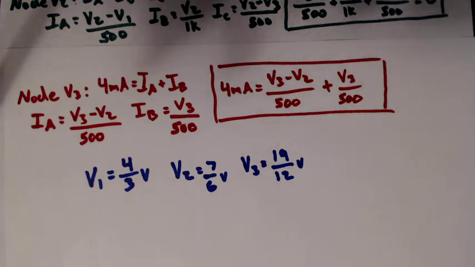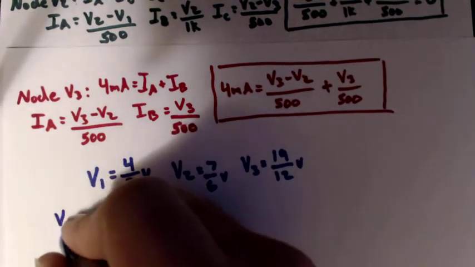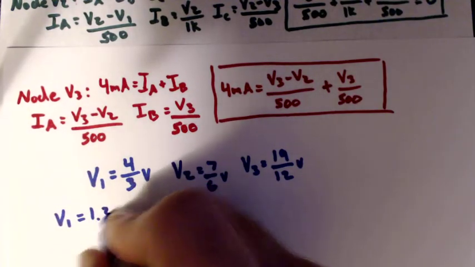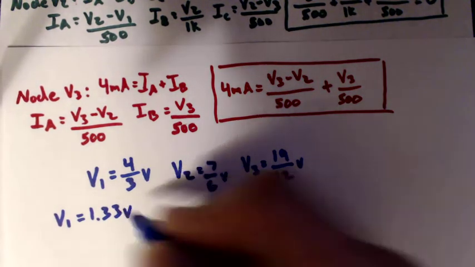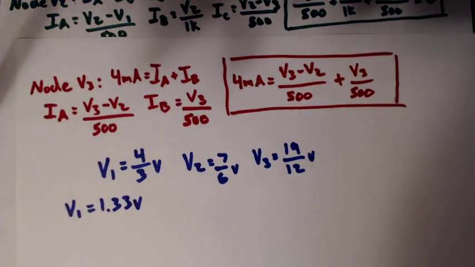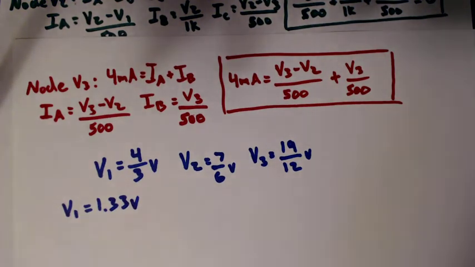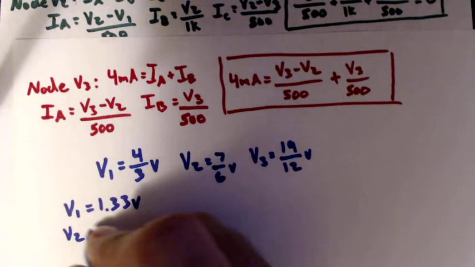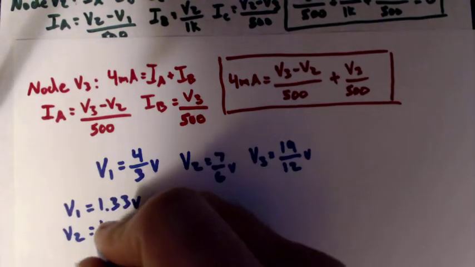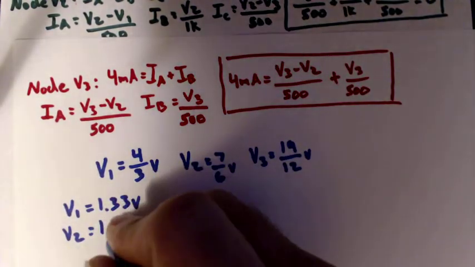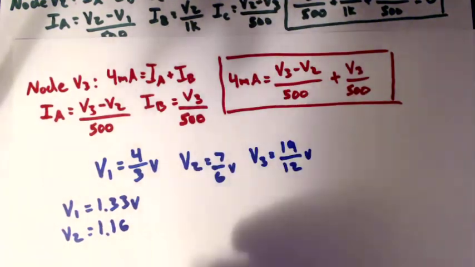So let's start with V1. That's 4 divided by 3, or 1.33, and it's repeating. I'll just take it out to 2 decimal points. 1.33 volts. V2 is equal to 7 divided by 6, which is 1.16666, repeating.